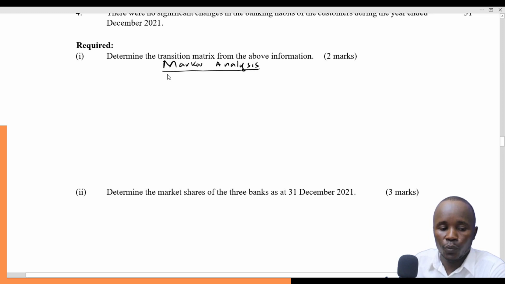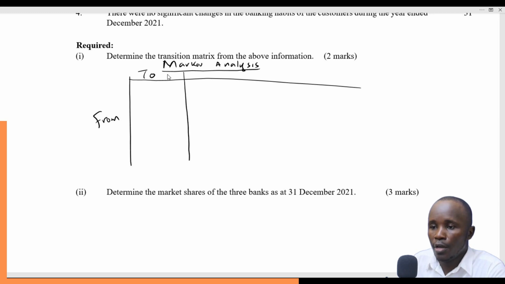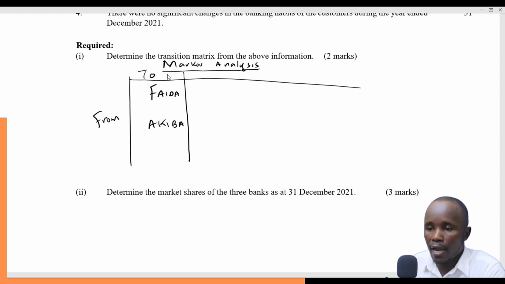We shall come up with a table, and we ask ourselves where we are coming from and where we are going to. So here we have 3 banks: Faida, Akiba, and Ahadi.